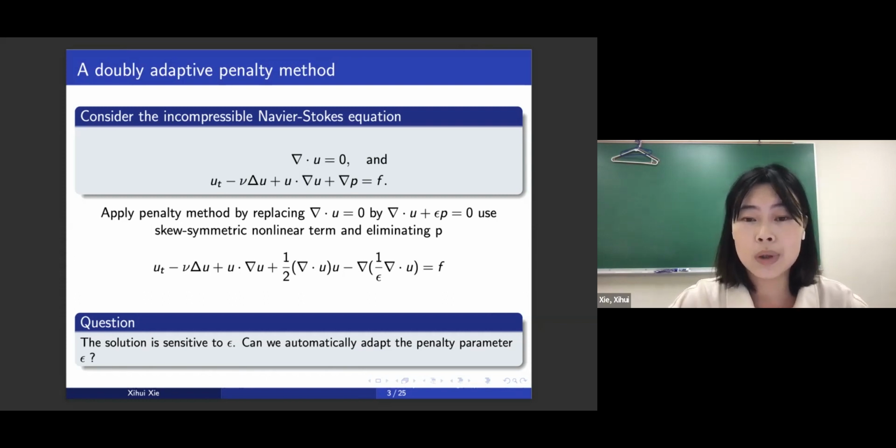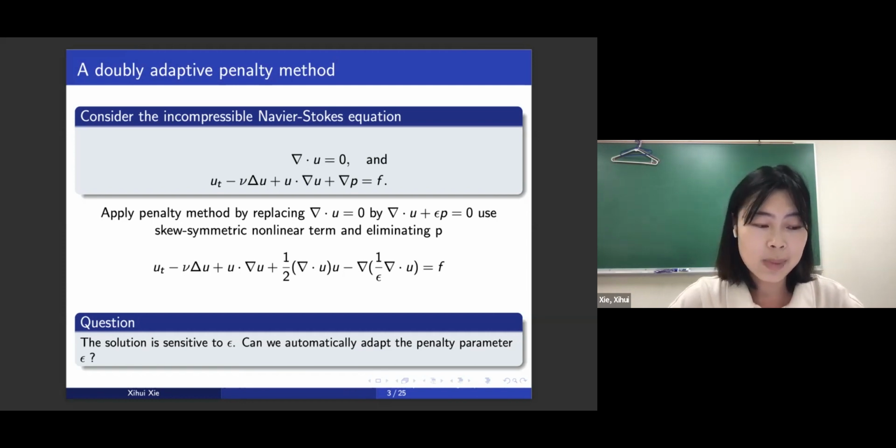It's a small number, usually far less than 1. We use a skew symmetric nonlinear term, and eliminating the pressure in the equation, we can get this following penalized Navier-Stokes equation. This equation doesn't contain the pressure, so it makes this equation much easier to solve than the previous coupled system.